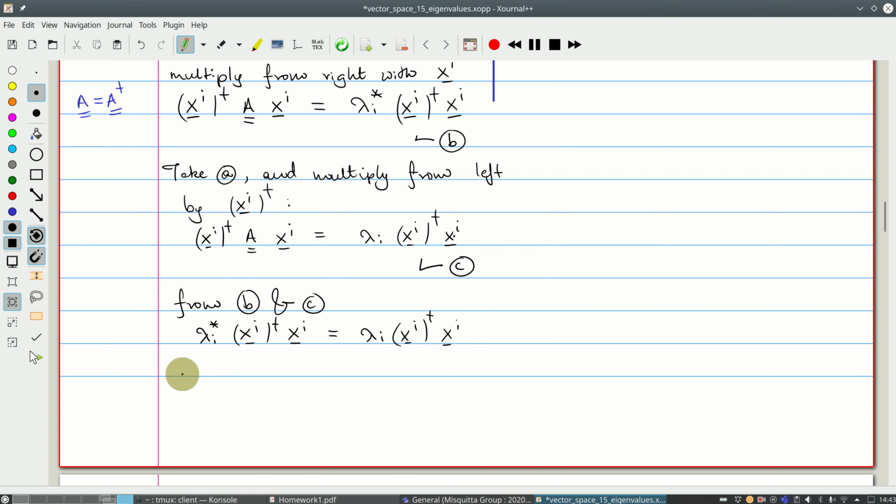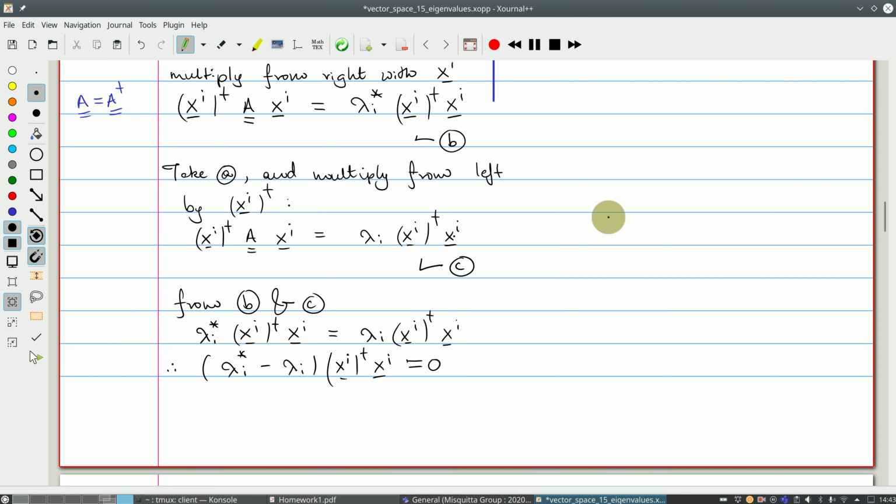Okay, and now if I subtract one side from the other, therefore lambda I star minus lambda I times xi dagger xi is equal to 0.